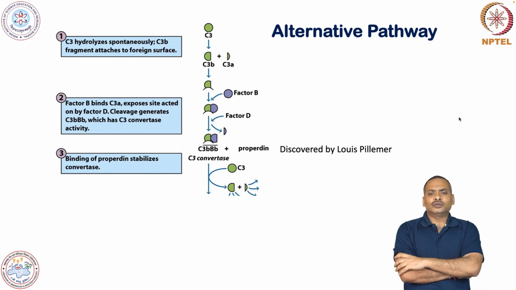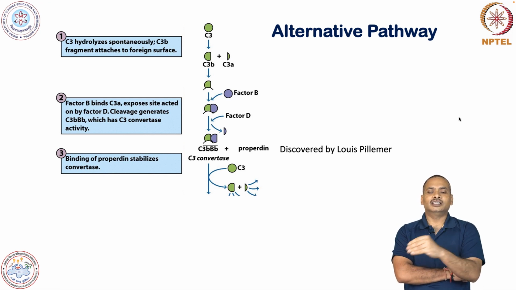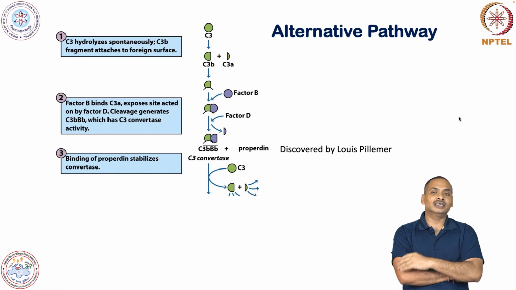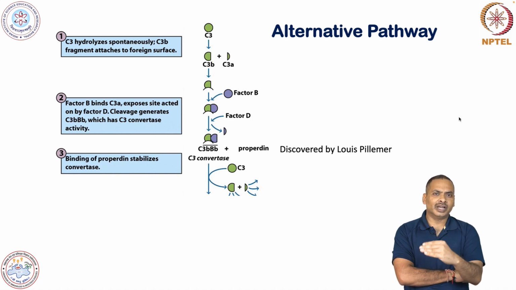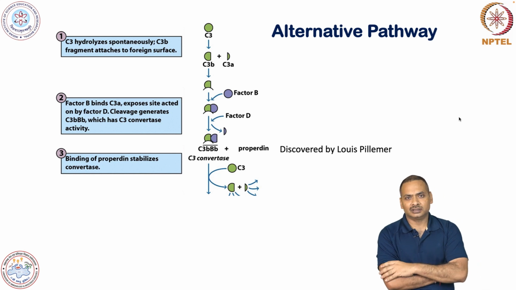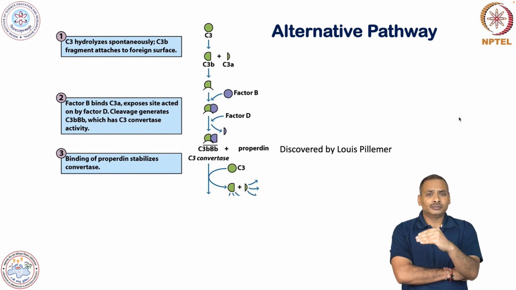So this properdin was discovered by Louis Pillemer, and there is a little interesting point with him: initially he was a biochemist, and he turned to immunologist. Since he was a biochemist, he purified tetanus as well as diphtheria toxin.